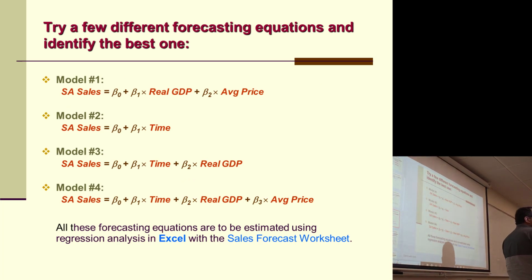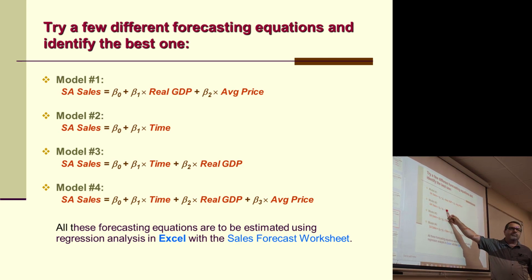When we build the forecast, you're going to try 4 different models. These are statistical models, not the models that you're selling in the game, but you're going to test 4 statistical models. It looks a little bit complicated, but when I show you how to do it in Excel, it's actually quite straightforward. But a little bit of theory on it. The 4 models we're going to test are: we're going to combine real GDP and average price.